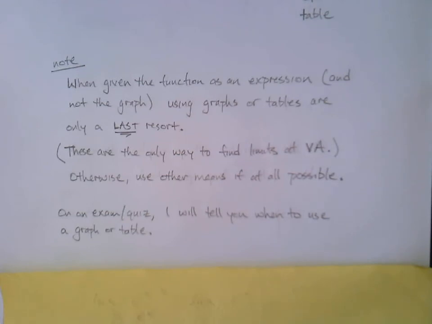It's going to tell you specifically to use a graph or to use a table. I might just choose a table or I might just choose a graph, but I will tell you exactly what I want. If I don't say this, that means there's a better way, and it's one of those other methods.